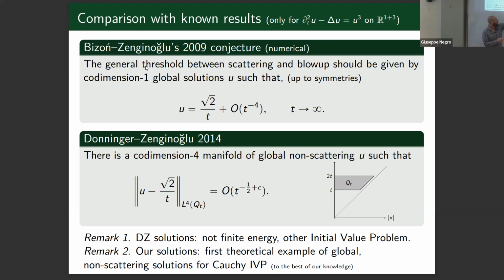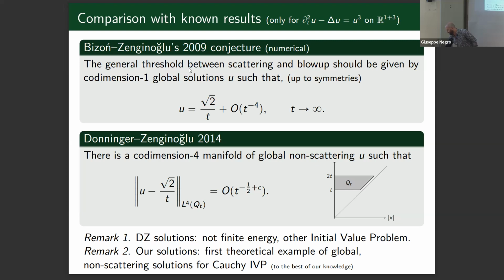The first paper I have, and again I'm not trying to be exhaustive in the bibliography, the main conjecture on this, and the first, is this paper of Piotr Bizoń. I actually asked my Polish friend how to pronounce it, but I have no Turkish friends to ask, so I would just say Zenginoglu, hopefully. Here this is almost a cut and paste from the paper.